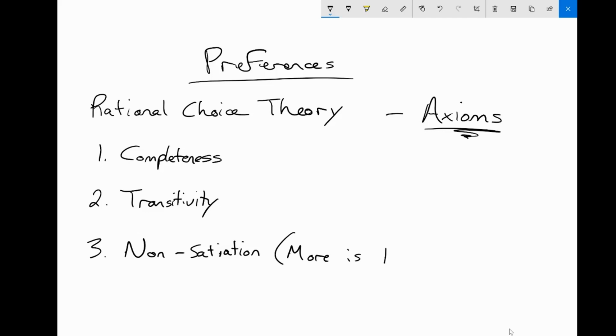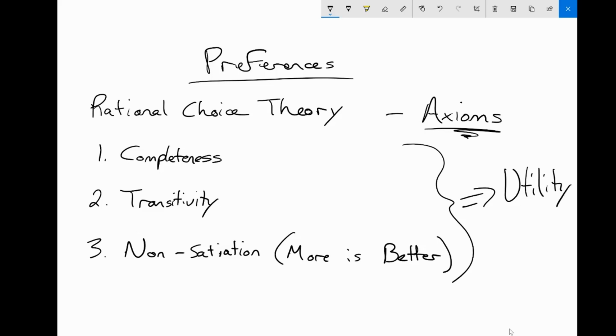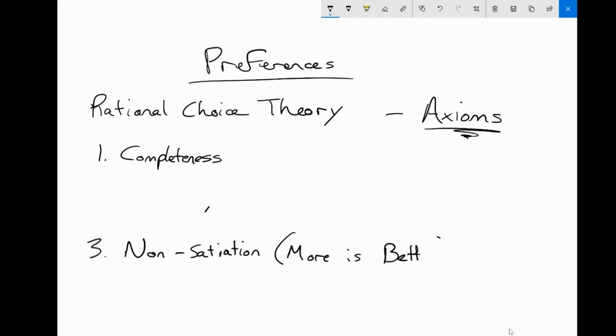These are going to be the three axioms. These are going to motivate our mathematical model of human decision making, of utility, as we'll say. We're going to discuss them and use them to create a utility function. We'll get to that next. Let's talk about these each in turn.